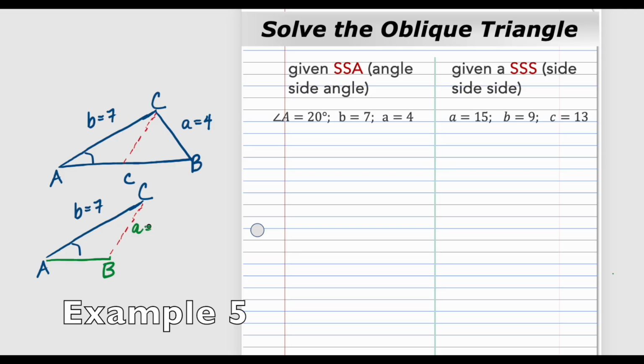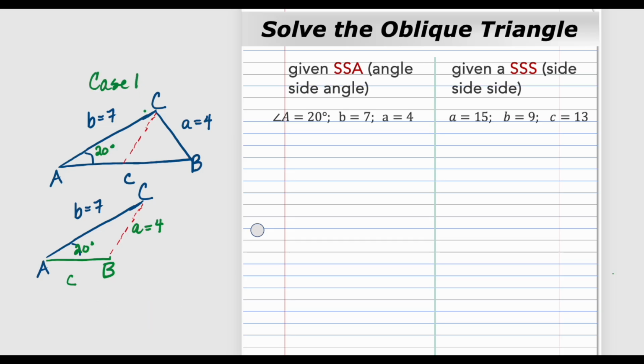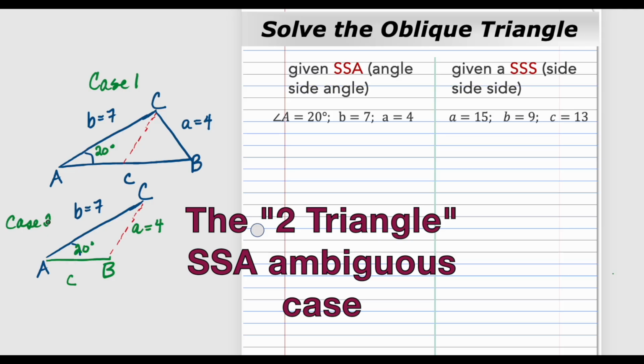A is still 4, B is still 7, and A is still 20 degrees. But side length AB, or little c here, is smaller. We call the first version case 1, and the second version case 2. And all that means is we just need to provide measurements for each of those triangles.